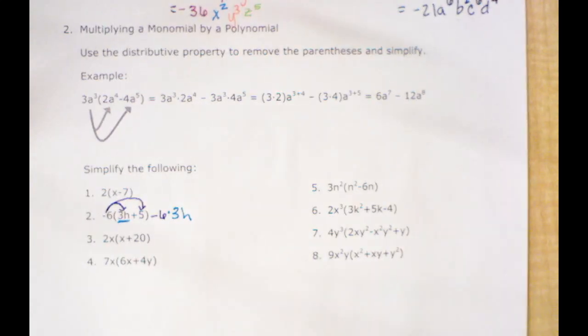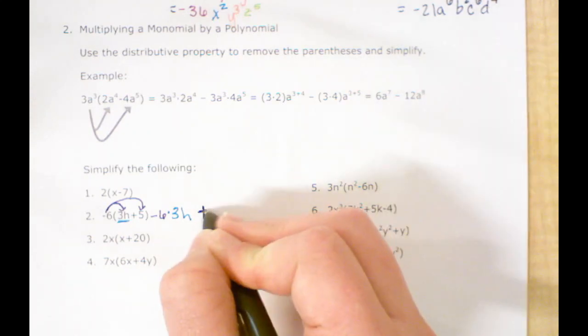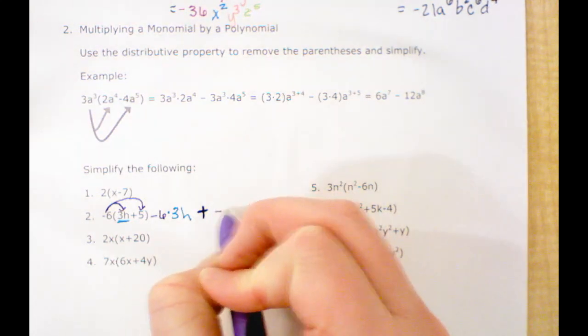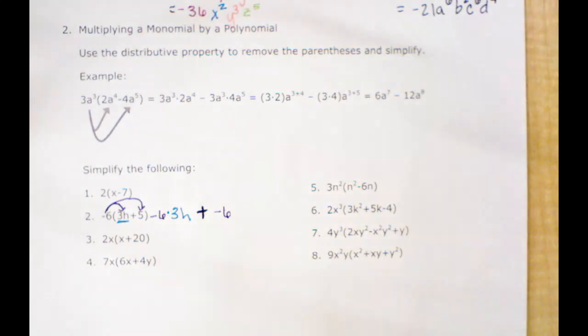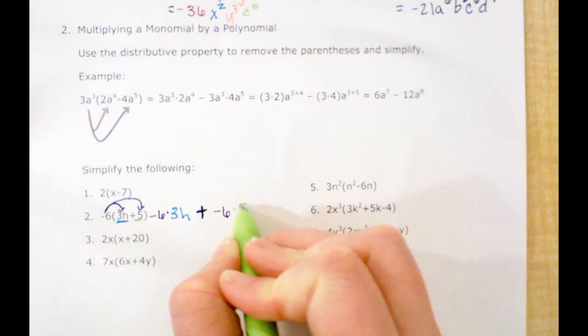Then we're going to leave our plus sign. We don't change that. Okay, then we have our negative 6 times, I'm going to do this one in green, times 5.